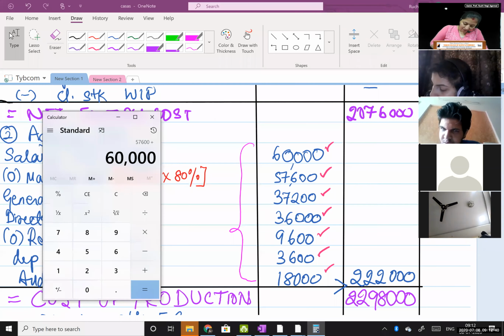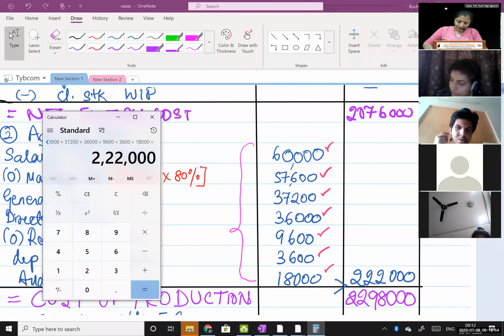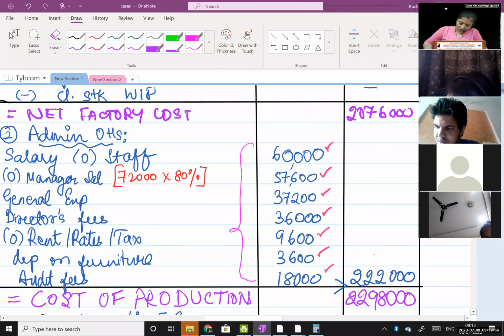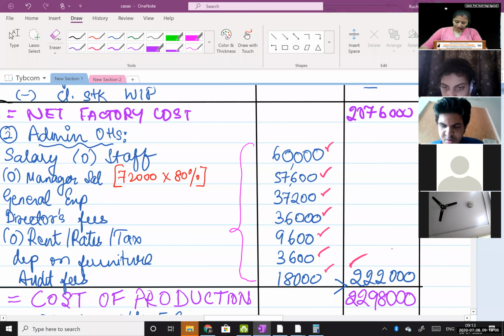Plus 60,000 plus 37,200 plus 36,000 plus 9,600 plus 3,600 plus 18,000. So 2,22,000 is the total here, in the outer column.